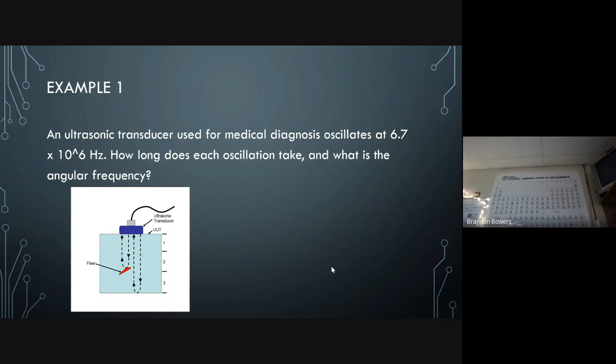So if we check this out, you're going to have 2 times pi times 6.7 times 10 to the 6th. With 2 sig figs, we're going to have 4.2 times 10 to the 7 radians per second. How do we feel on that?